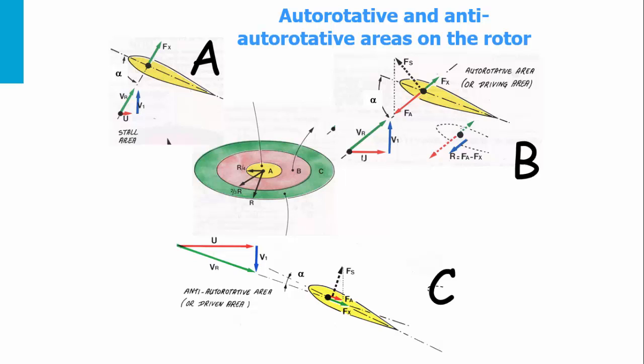It is the so-called autorotative area. In region C, at the end of the rotor, the angle of attack is small, omega r is big, and it is called the anti-autorotative area, and we are generating resistant force from lift. All this in equilibrium will ensure that we have a constant RPM so that we can autorotate.